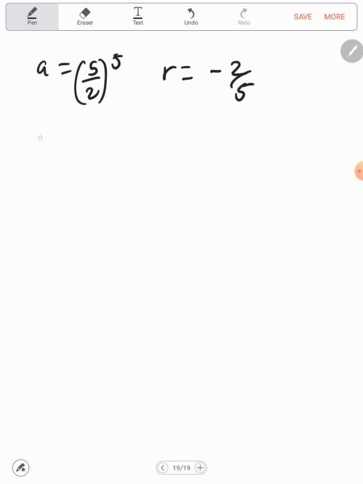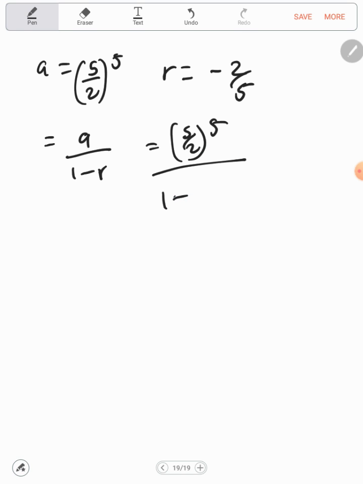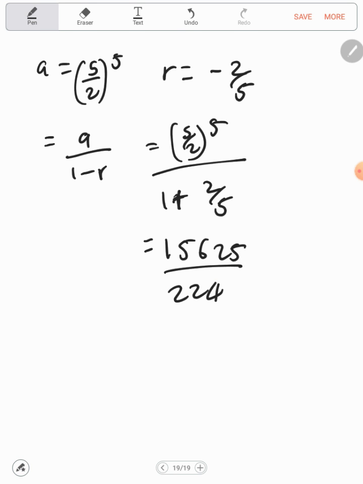Okay, so that means our S, of course we know it's A over 1 minus R, 5 over 2 to the power 5 over 1 minus, so it's a plus 2 over 5. So find that on the calculator, and the answer should be 15625 over 224. Okay, so that is our solution.